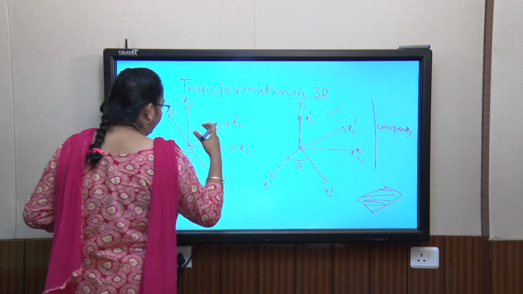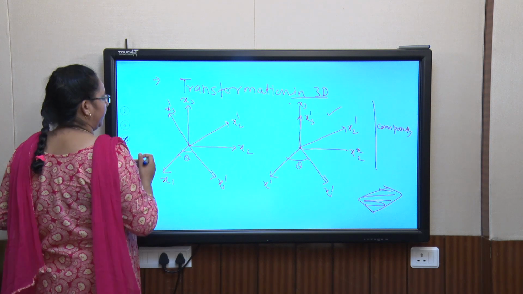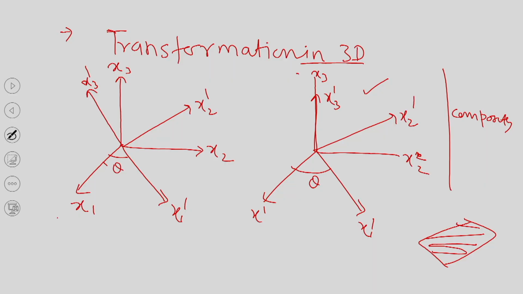So, how do you evaluate a transformation matrix Qij? That is the standard rule. If I talk about a single element, it will be cosine of xi dash dot xj. So, if we are interested to find a Qij matrix, then x dash making an angle with x1 will be a cos component.